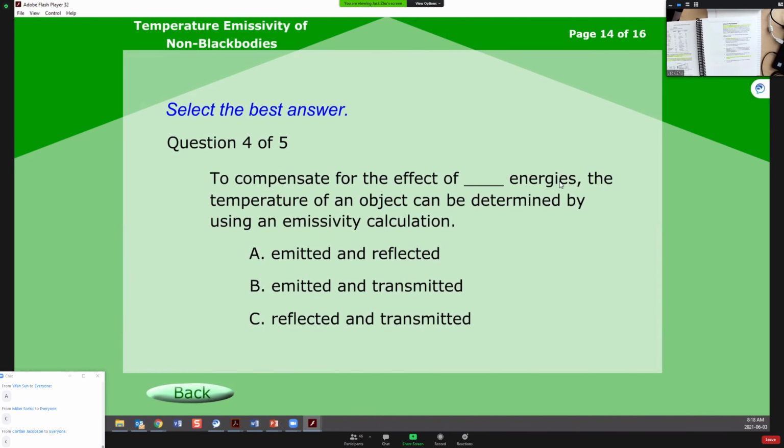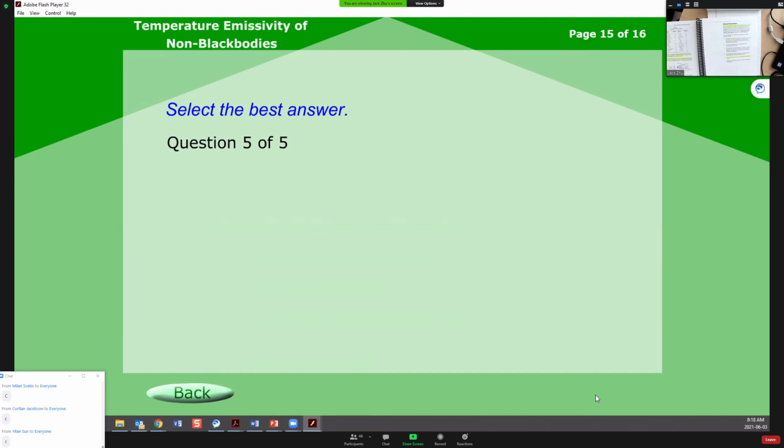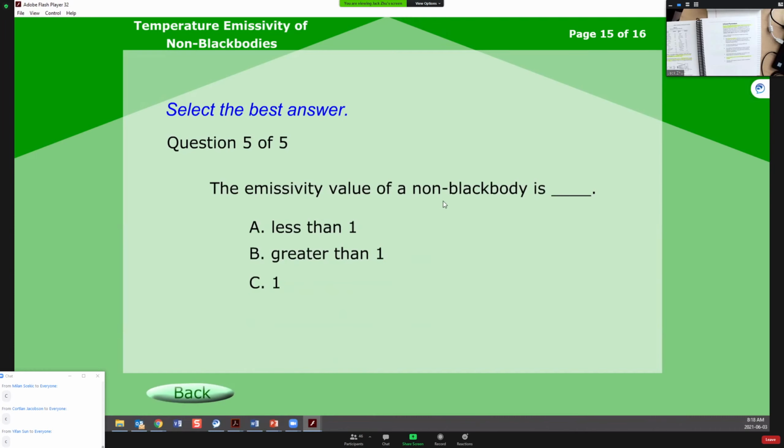To compensate for the effect of temperature can be determined using emissivity calculation. That would be C. Good. Whoa. Is A. Great.